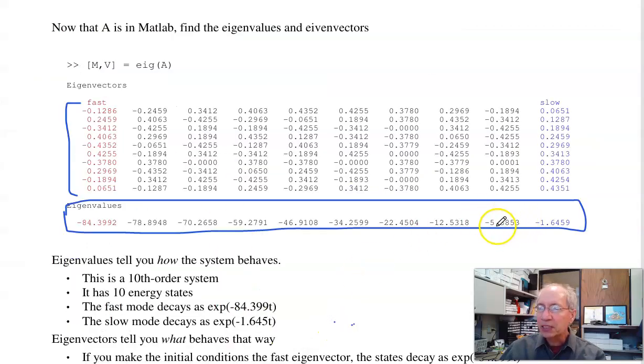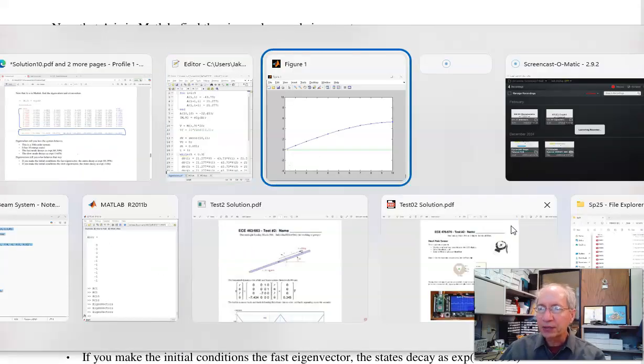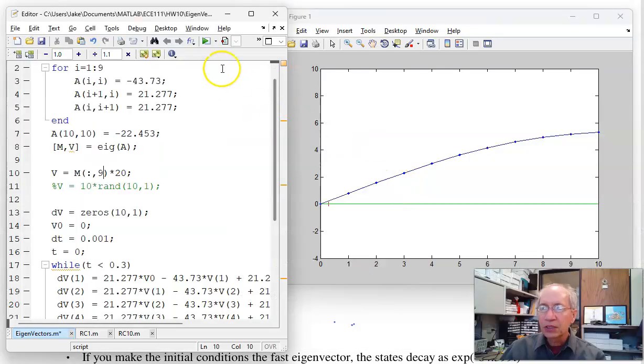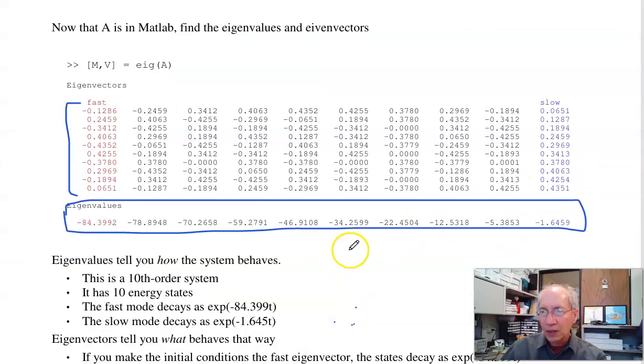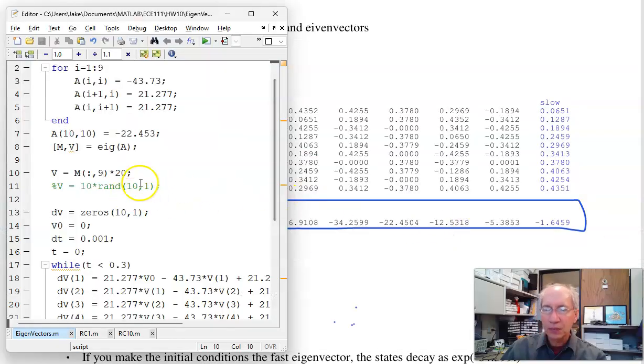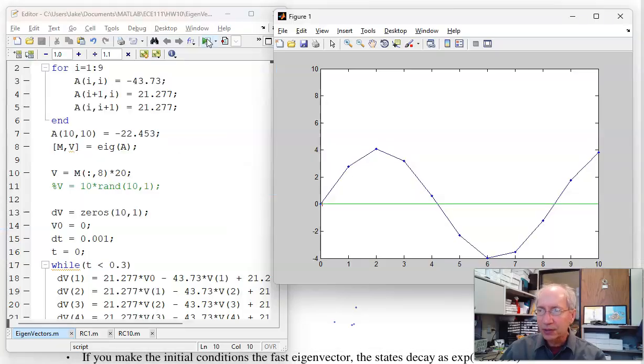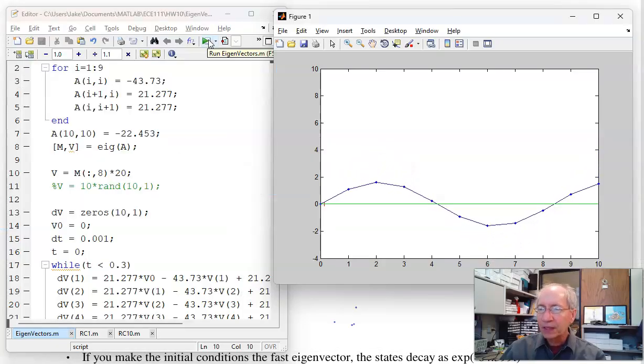That will decay as e to the minus 5.38t. So if I run it, notice that the shape stays the same. The shape is the eigenvector. The amplitude is the eigenvalue. This is decaying as e to the minus 5.3t. The next mode decays as e to the minus 12t. So the shape is the eigenvector. The amplitude is the eigenvalue.